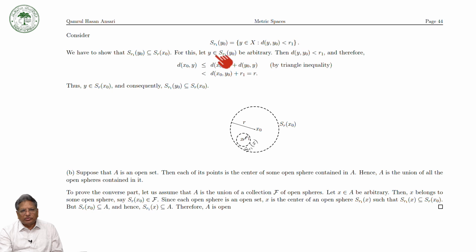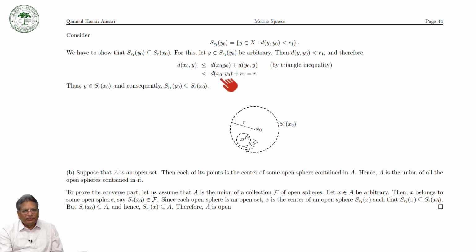Because y lies in this open sphere, d(y, y0) must be less than r1, and therefore d(x0, y) is less than or equal to, by the triangle inequality, d(x0, y0) plus d(y0, y). But d(y0, y) is strictly less than r1, and so this is less than r1 plus d(x0, y0), which is equal to r.